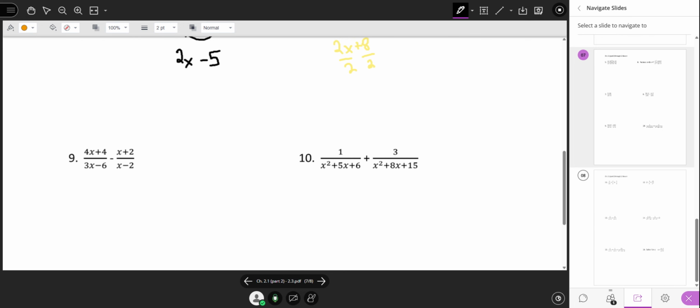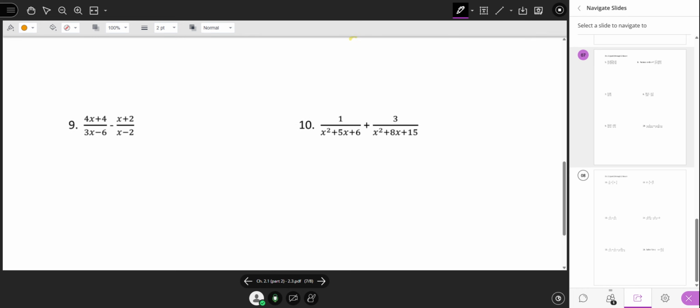Uh-oh, numbers 9 and 10 are not that easy. Dang it. I wish it was. I wish it was. Pull a 3 out of this bottom. 3x minus 2.